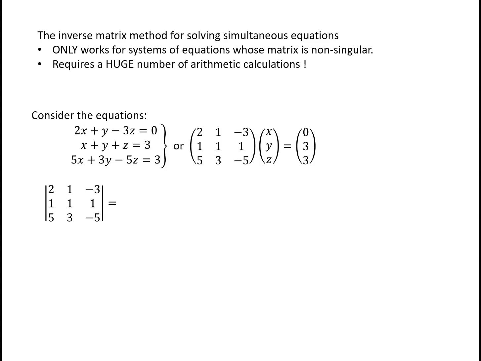Then, the first thing is you can calculate the value of the determinant. I'd like you to check this yourselves, but that comes out to equal 0. So that means that the matrix is singular, so there is no inverse matrix. So the method that we've used in example 1 won't work.